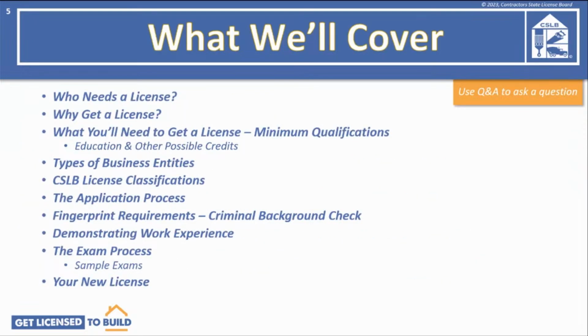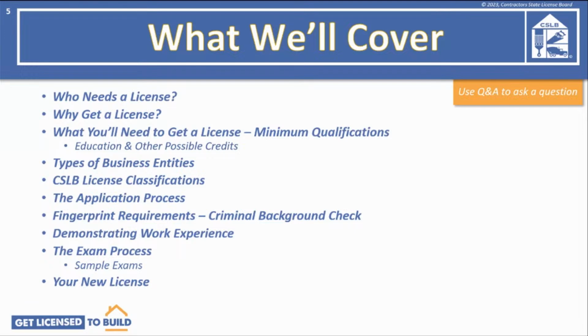Here's what we're going to cover today. We will take you through the process for applying for your California contractor's license. First, who needs a license? Why get a contractor's license? The minimum qualifications you'll need to get a license and what credits you might qualify for. The types of business entities, the different CSLB license classifications, including our new B2 residential remodeling classification.